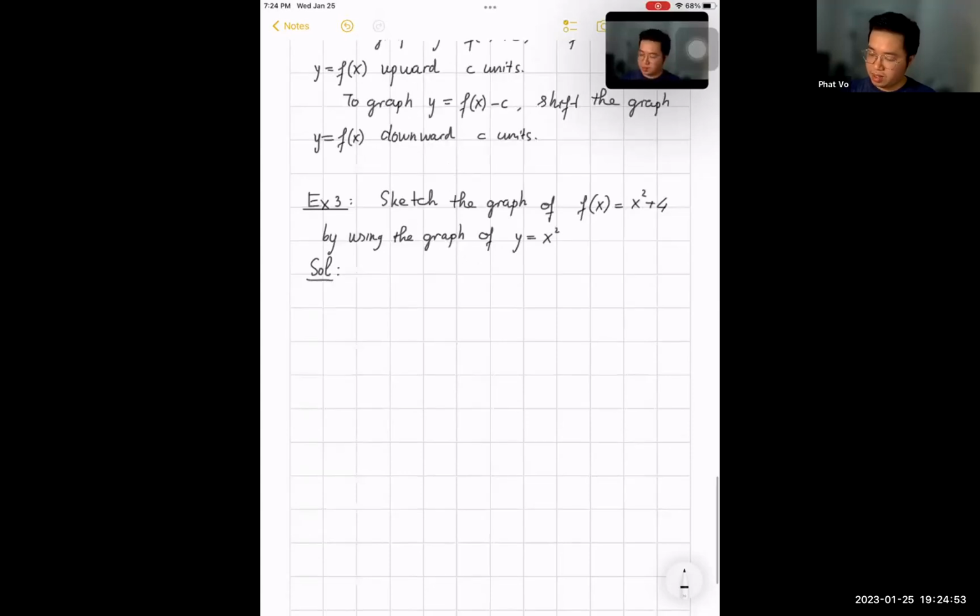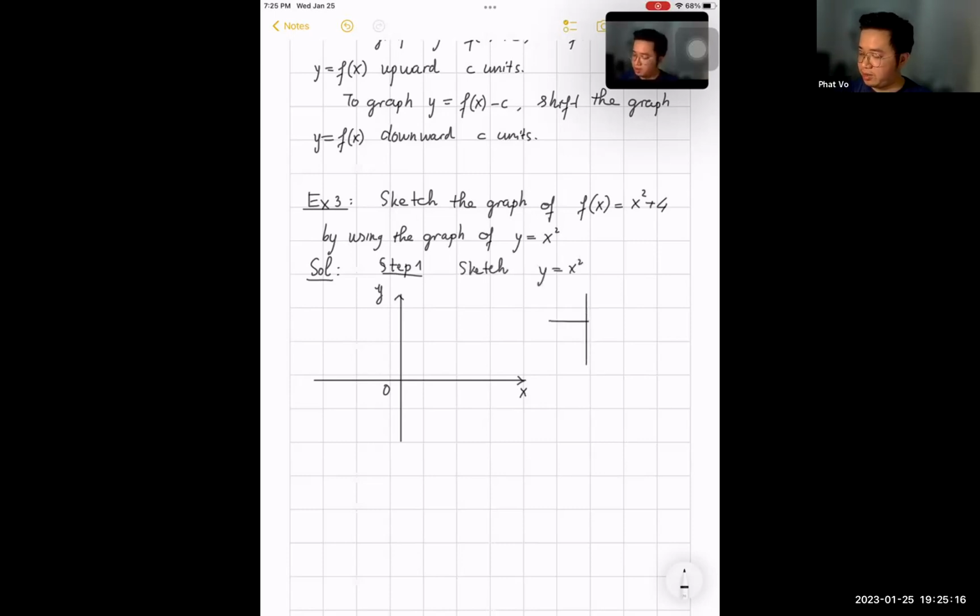So now I will sketch the graph of y equals x squared. Step 1. Get the graph of this one. I will use the table of values as I told you in the previous class.